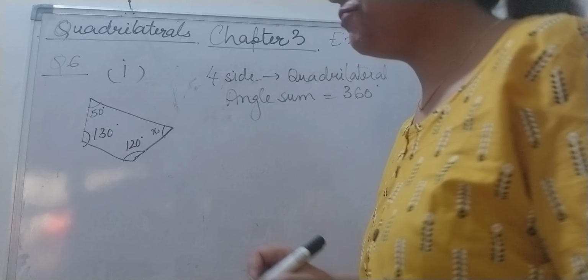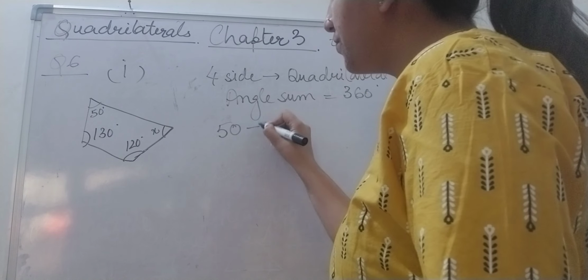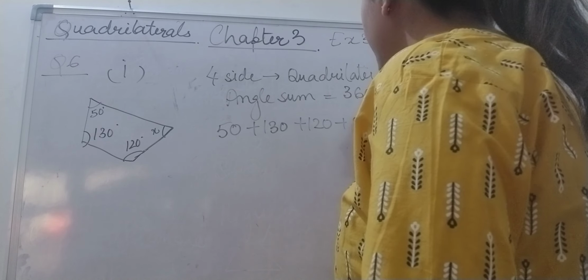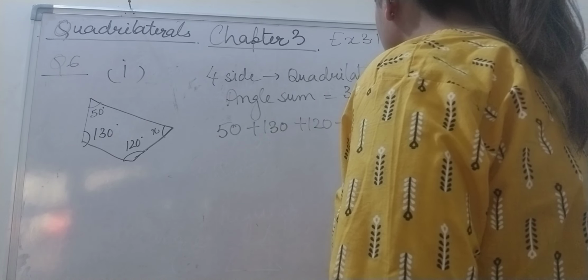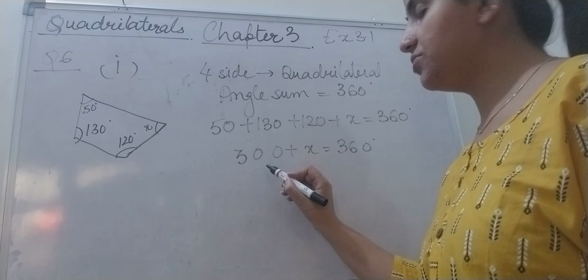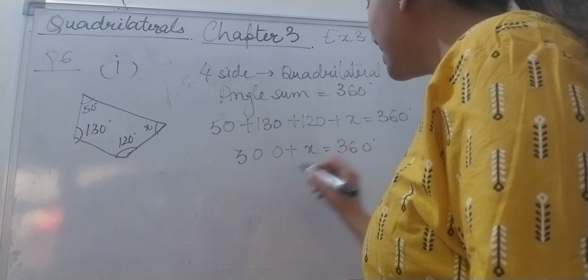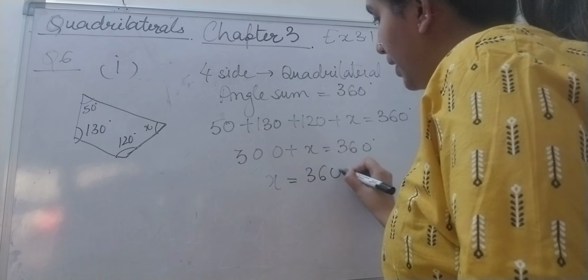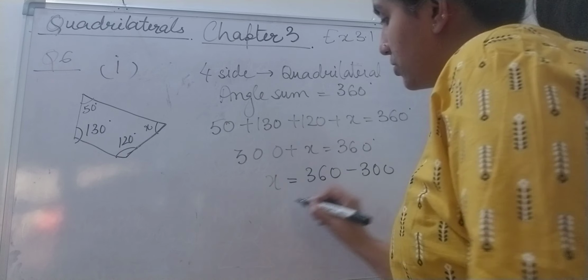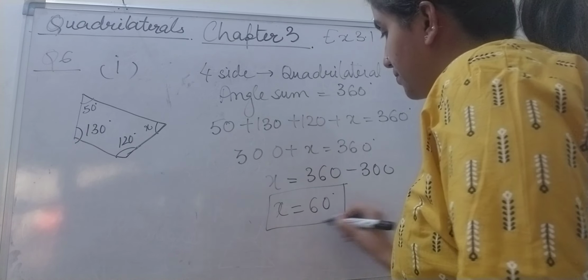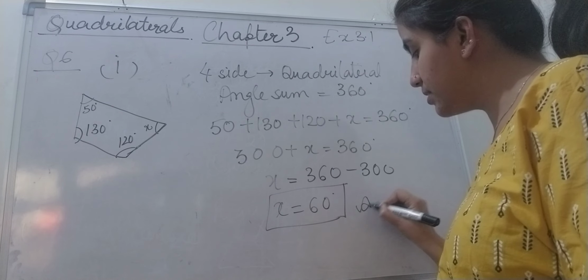That means if I add all these angles, 50 plus 130 plus 120 plus x, it should be equal to 360 degrees. Now if you add all these 3, we will get 300. 300 plus x equals 360. x equals 360 minus 300. So x value will be 60 degrees. This is your answer.